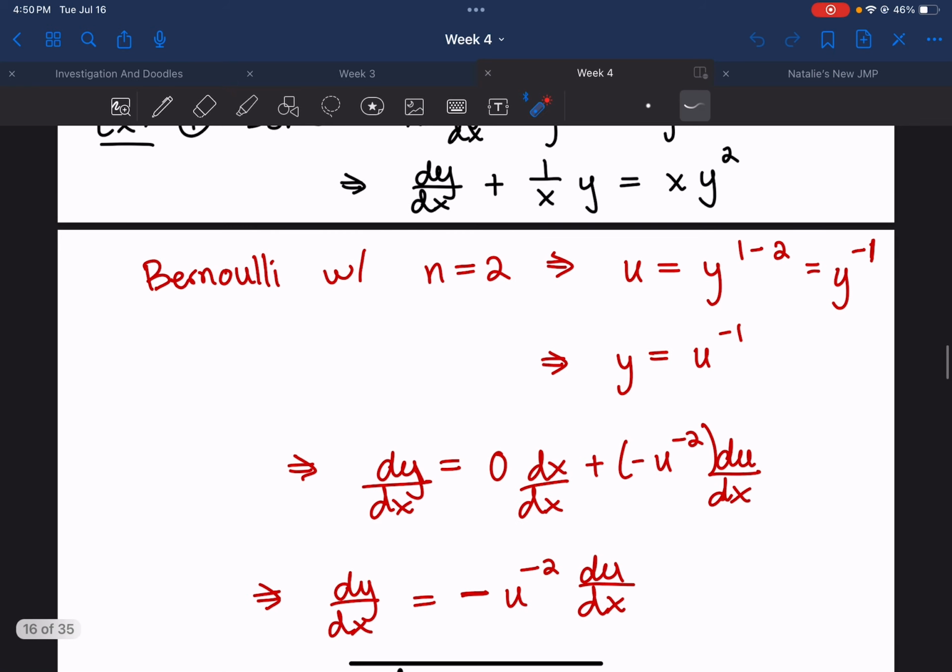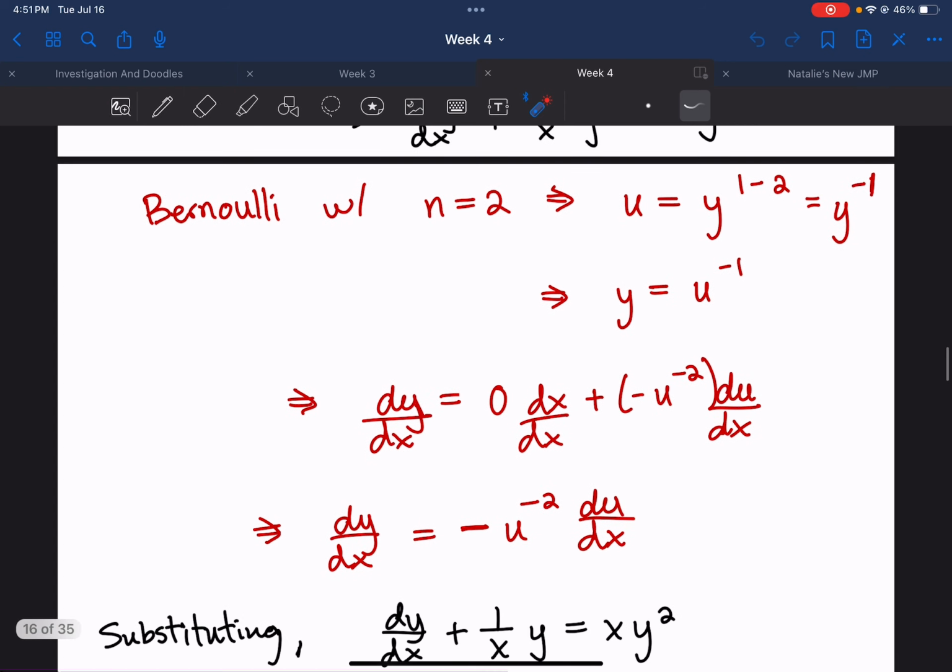So I get dy dx, there's no x's. The derivative of y with respect to x is negative u to the minus 2 times du over dx. Right, because remember we're still treating u like a function of x.